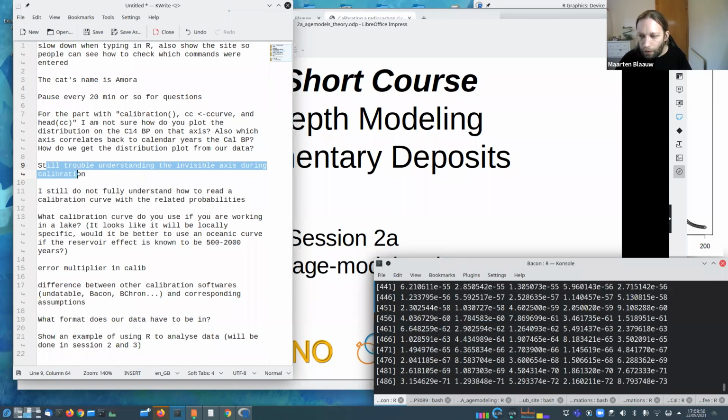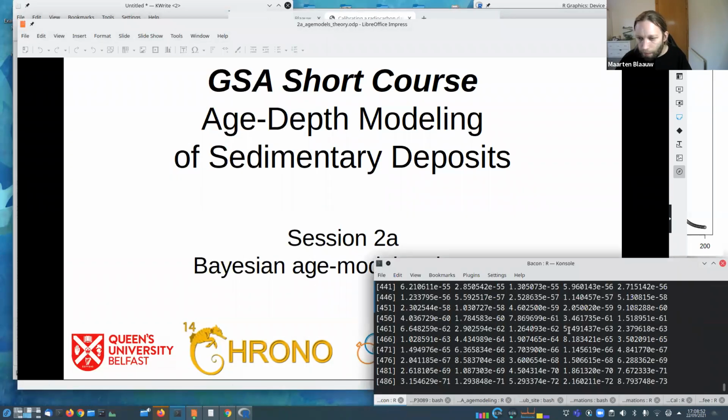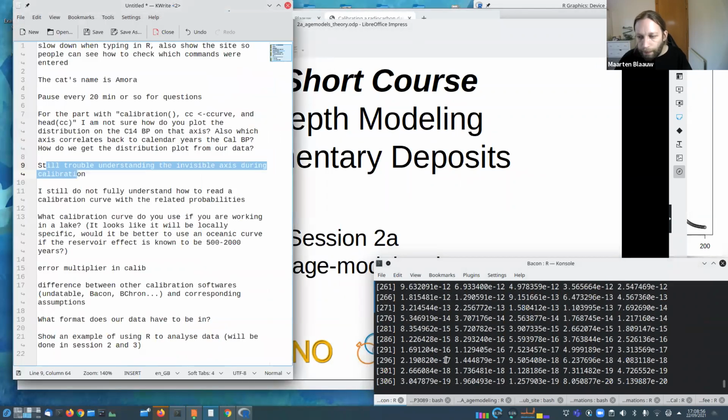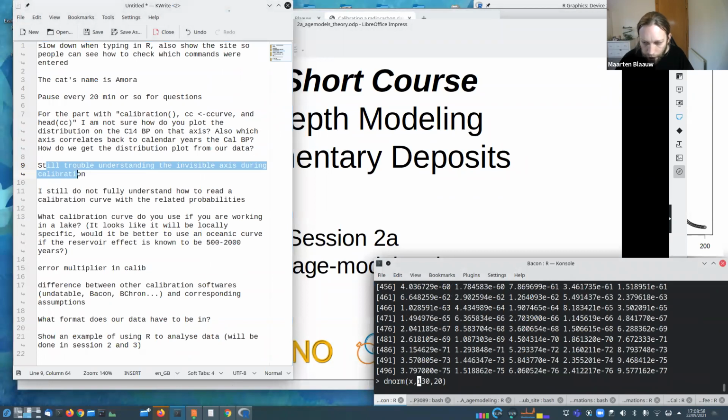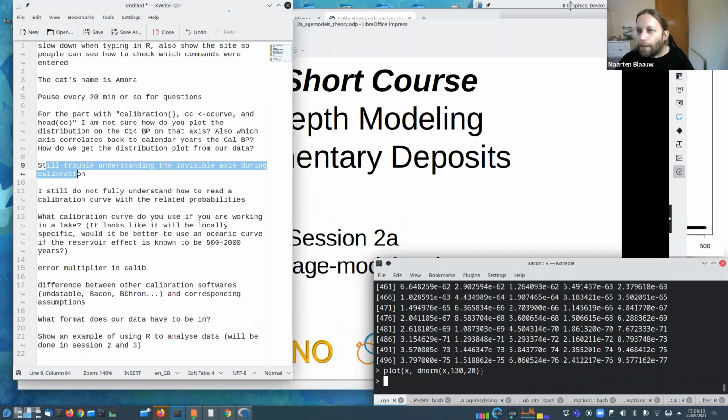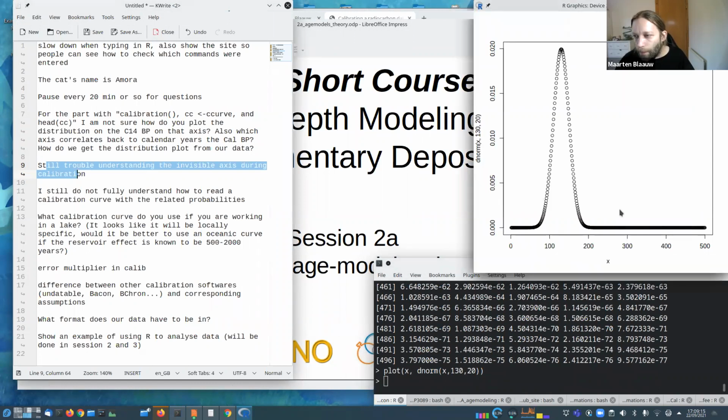And that gives us a whole load of numbers. Not very interesting, but we can then plot x against dnorm of x with 130 plus or minus 20, and that gives us a normal distribution.